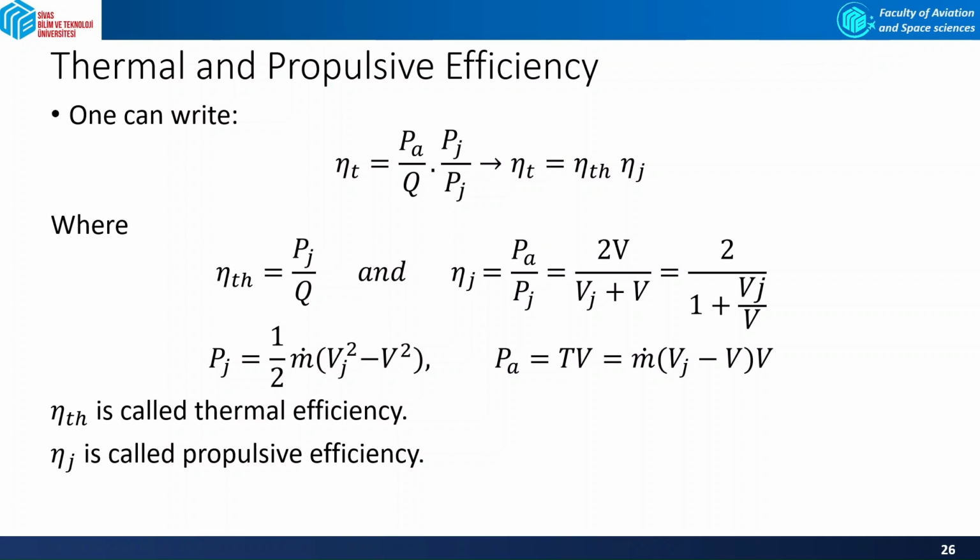This greatly simplifies our equation because we only have Vj and v in here, and our propulsive efficiency is only a function of the jet velocity and the flight velocity.